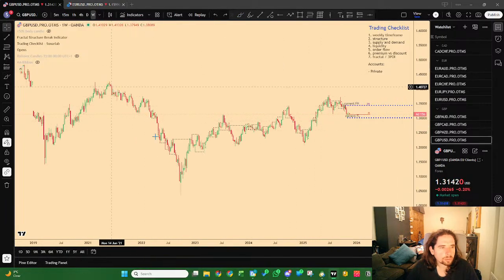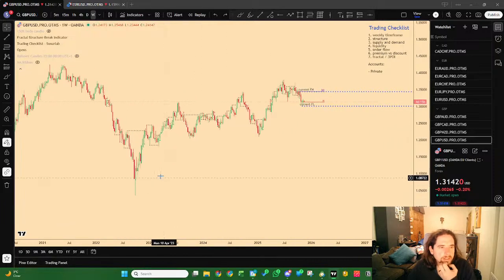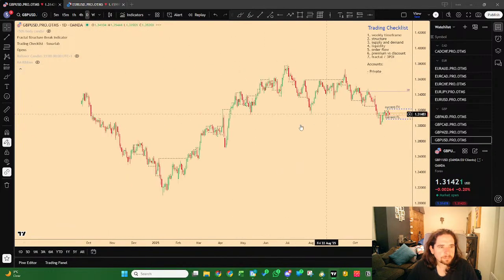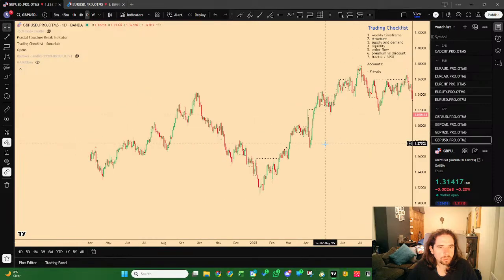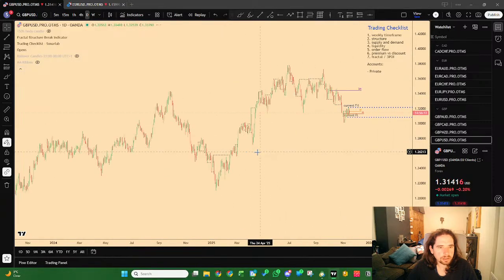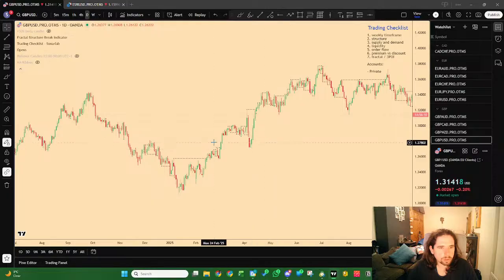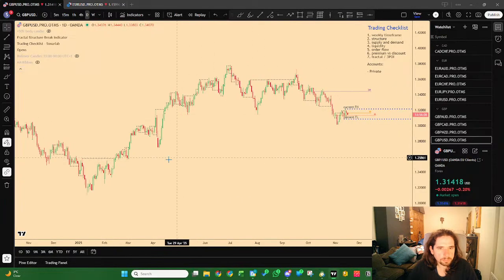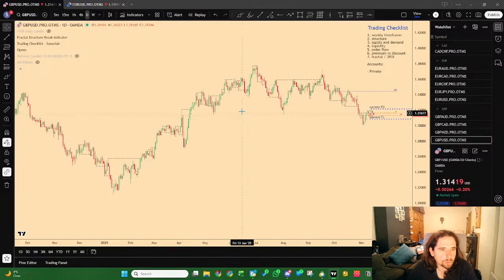We had quite a big downturn, and now we're breaking structures, getting new higher highs and higher lows. If we go down to the daily, we can see again that we're bullish. There is a sort of turn here, but we're still bullish overall.